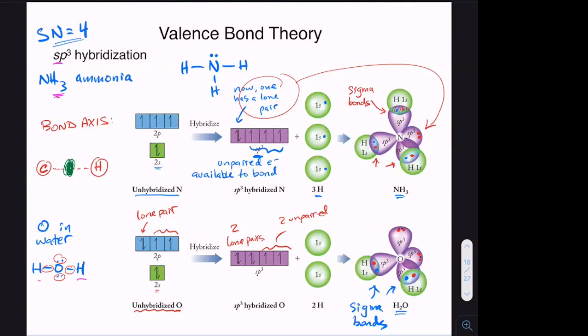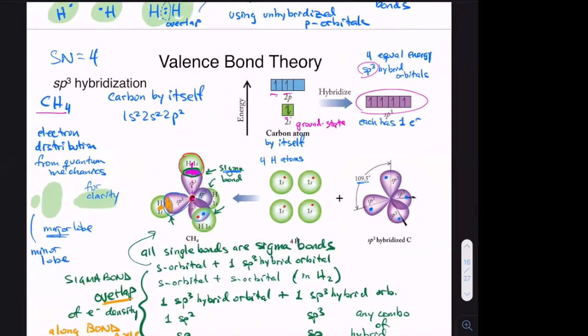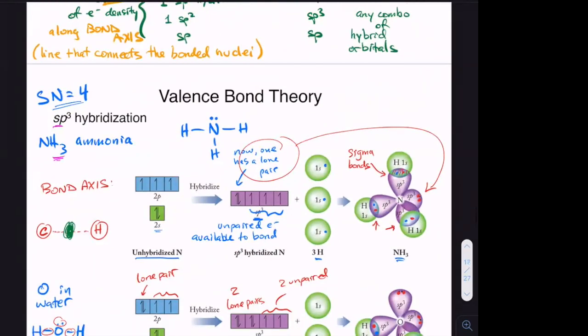If you take a look at any of these molecules, it has an SN of 4, right? Methane had an SN of 4. I didn't draw the Lewis structure here, but if I did, you would see there are 4 packets of electron pairs surrounding that central atom. So that's an SN of 4. With ammonia, we've got 1, 2, 3, 4, except here one of the packets is a lone pair.